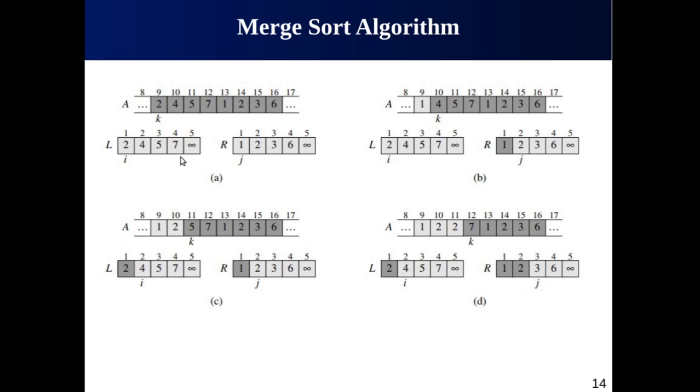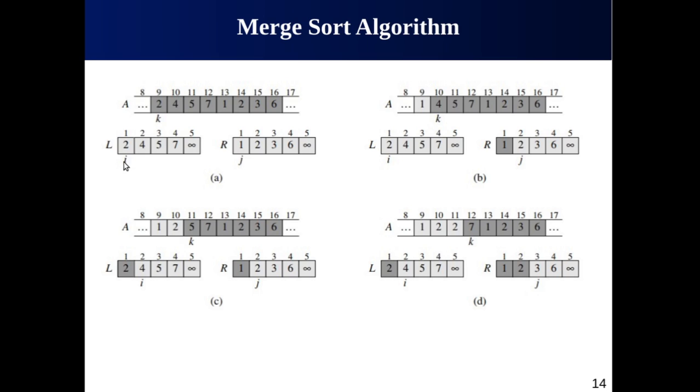Remember the two piles on the table? This is the first pile, this is the second pile. Both are in sorted form. What we need to do is to compare the cards that are at the top of each pile. So the top element of L is represented by i, while the top element of R is represented by j.